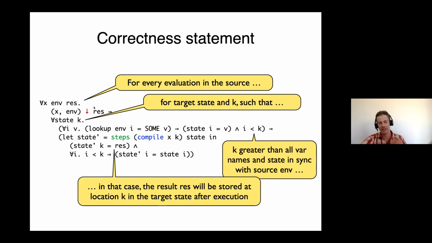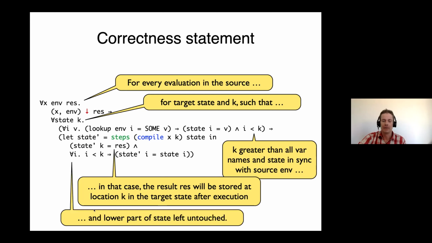So this is saying that indeed the result of applying the compiler produces code that correctly computes exactly what the source computed. And then the last part is just a clause you have to add to make the induction work. The lower part of the state is left untouched by the compiled code.